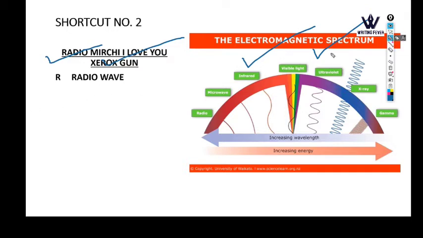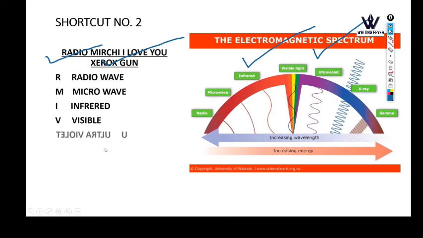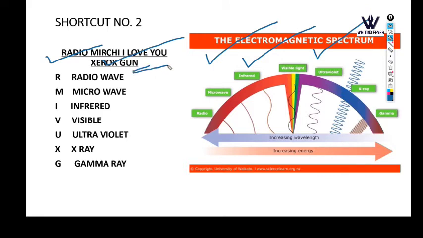So let's see how it works. R means radio wave, M means microwave, I means infrared, V means visible, U means ultraviolet, X means X-ray, Z means gamma ray. So using this line also we can easily remember the electromagnetic spectrum. That is Radio Mirchi I Love You Xerox gun.